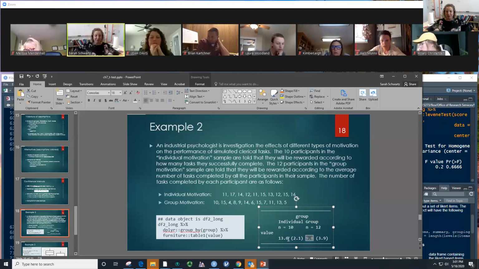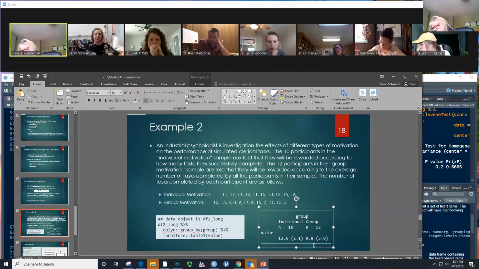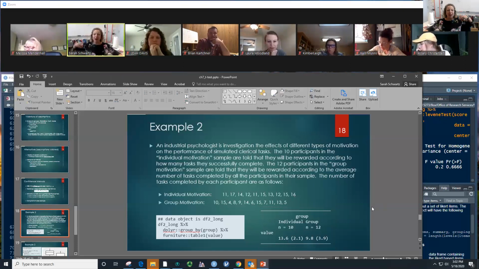But the means, what's the difference in the means? 3.8. Capital D bar, we observed 3.8. But our statistical significance will be based on that idea of a margin of error. Even though this sample saw individuals get more done, are we sure that we would say that if we did this on a larger scale, individuals would for sure get more done?